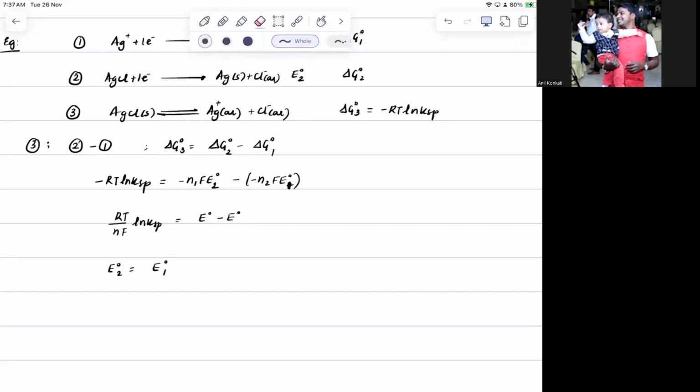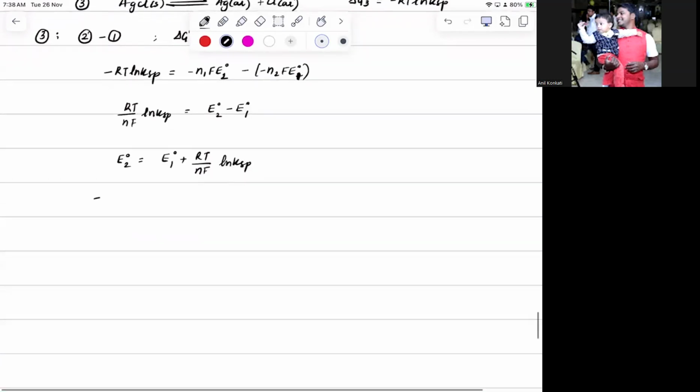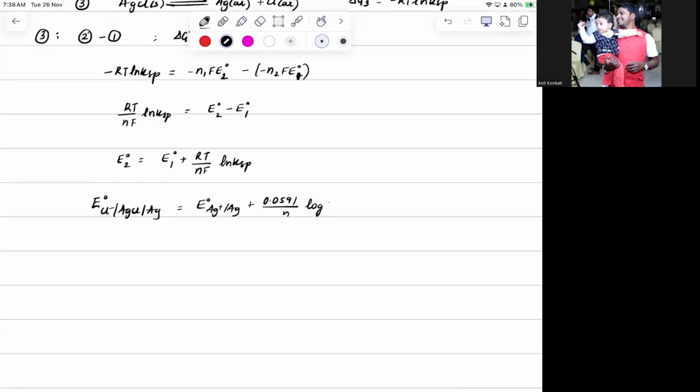Now, what is E naught 2? E naught 2 is this one, Cl minus, AgCl to Ag, and that is equal to E naught of Ag plus to Ag plus RT by NF, you know that 0.0591 by N log of KSP.